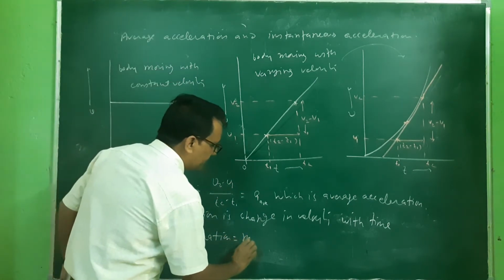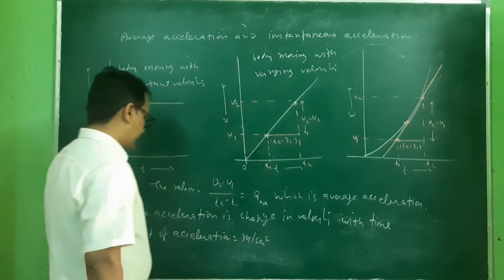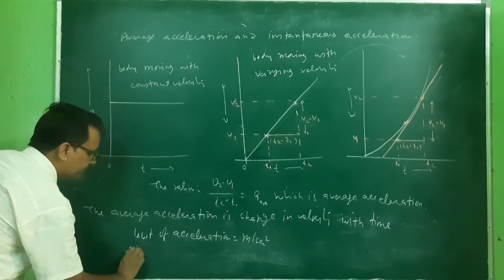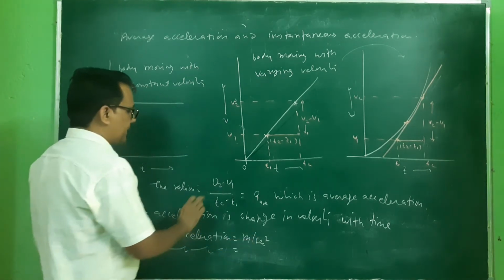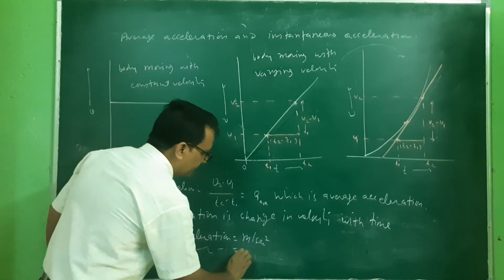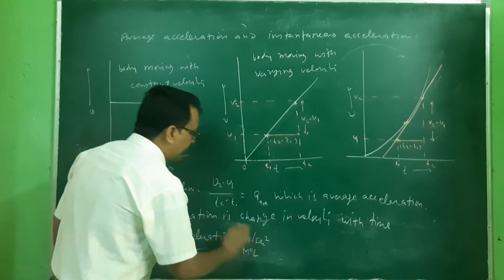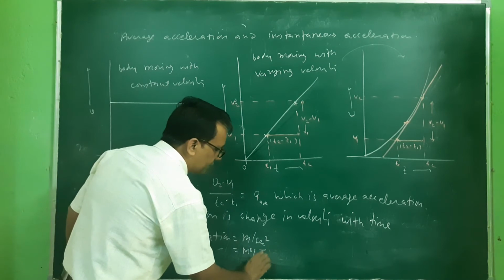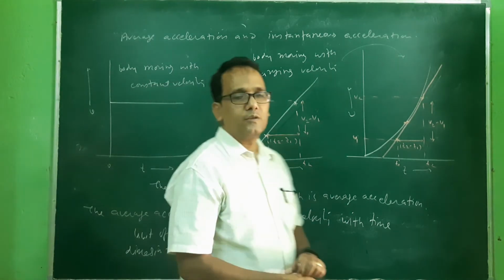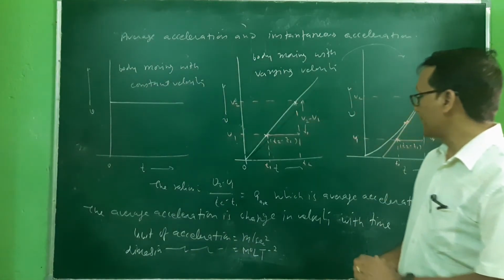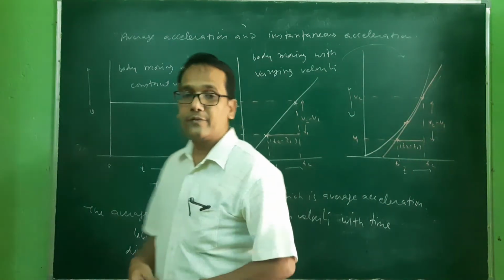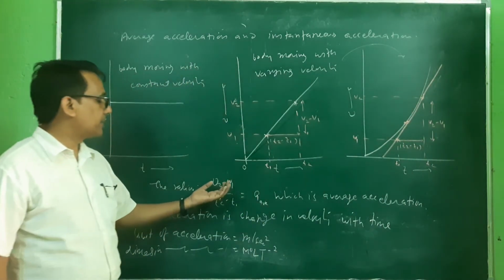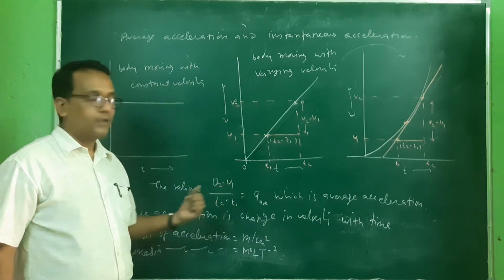So this is meter per second square, and the dimension of acceleration: the velocity is M naught L T inverse, and this is another T, so this is T minus 2. So this is the unit and dimension of acceleration. So average acceleration is defined as the ratio of the change in velocity with time.